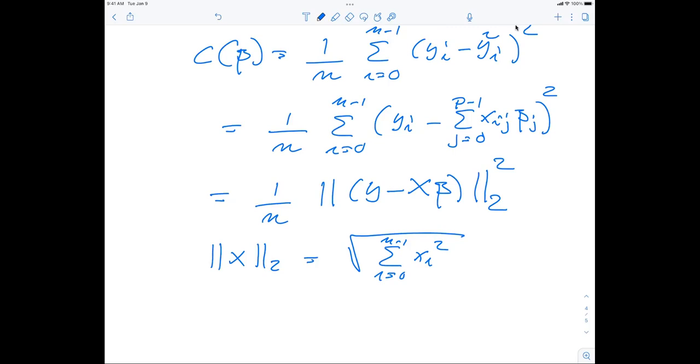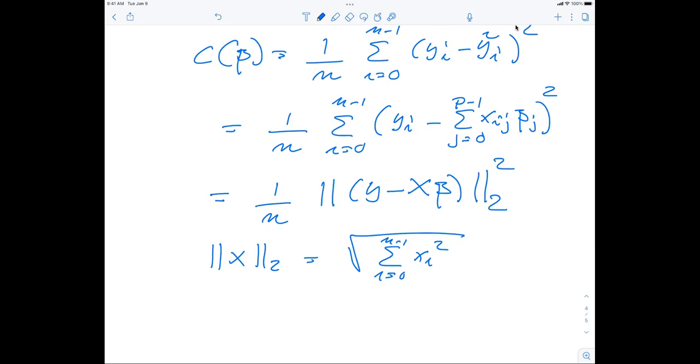We want to find the optimal beta which minimizes either the mean squared error or the absolute value. So what would you do? What kind of mathematical operation would you invoke in order to do that?